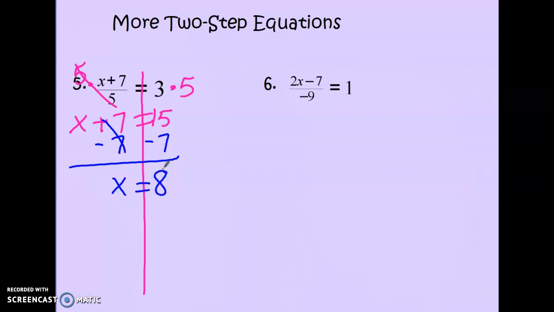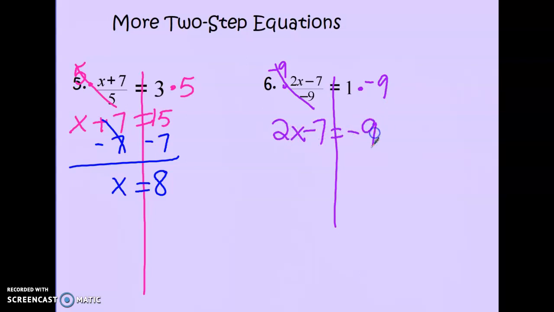All right, let's look at the next one. Okay, I'm going to start the same way. I'm going to have to get rid of this negative 9. To get rid of the negative 9, I've got to multiply by negative 9, since I'm dividing. Okay, that leaves me 2x minus 7. 1 times negative 9 is negative 9. Okay, my next step is to add 7 to both sides.